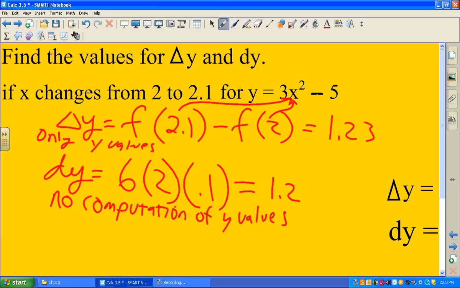The formula is y2 minus y1, or f of x2 minus f of x1. The 2 came from my initial value, and the 0.1 came from my change in x. 2 to 2.1. Okay?